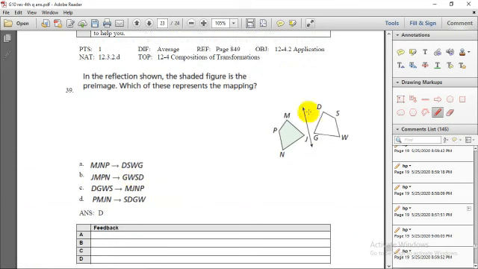M is D. M, look here, M is W? No, so it's not right. Look here, M is D. That's right. So it's A, D. Take care that this is my pre-image. I'm going to reflect this to this. Okay, very good.